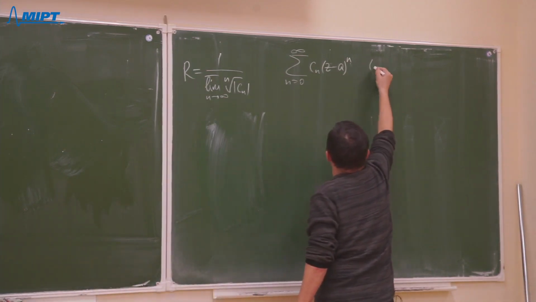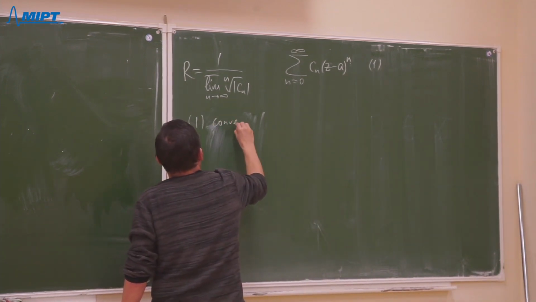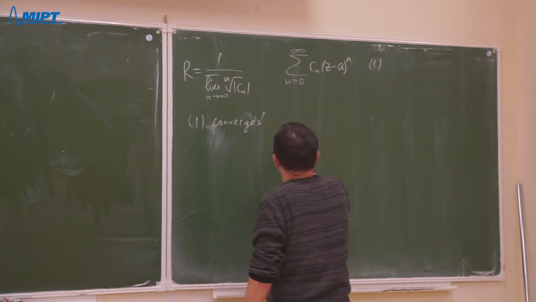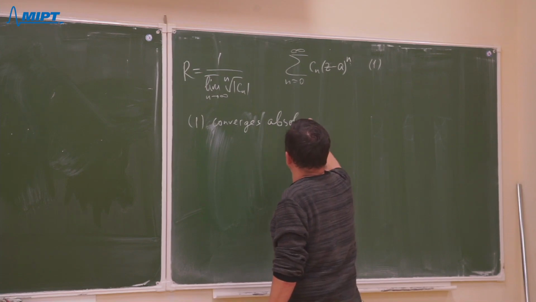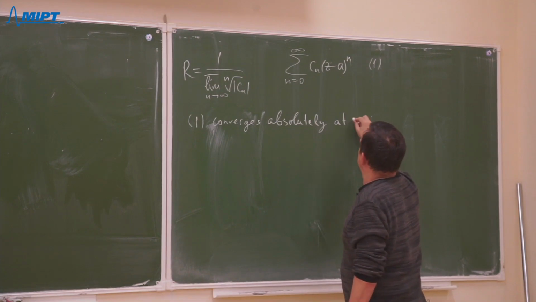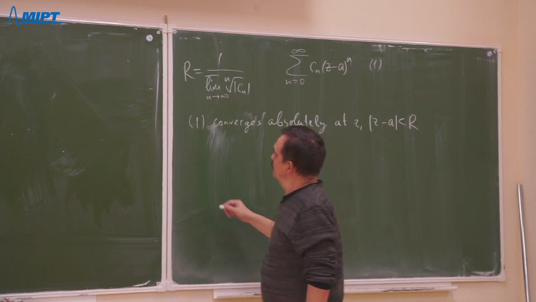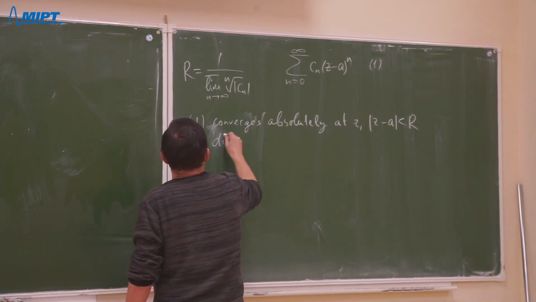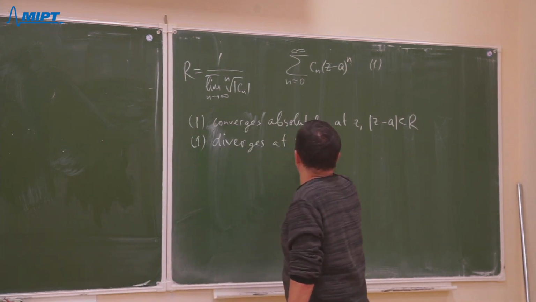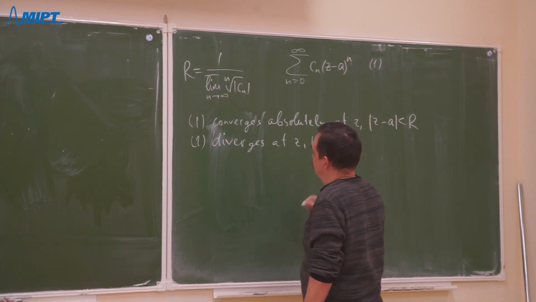The series converges absolutely at z with modulus of z minus a less than r, and diverges at z if modulus of z minus a is greater than r.